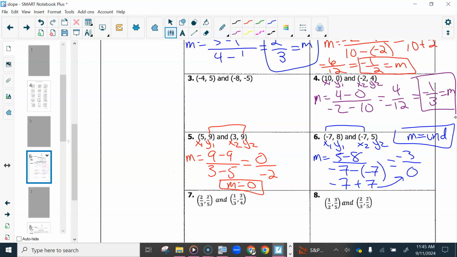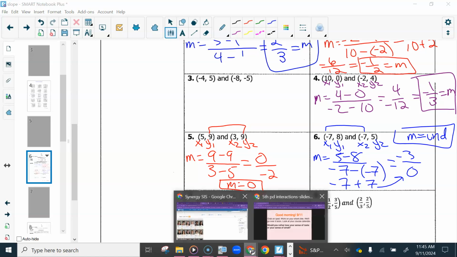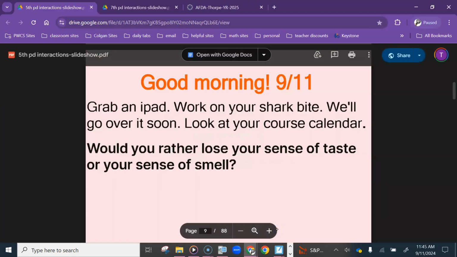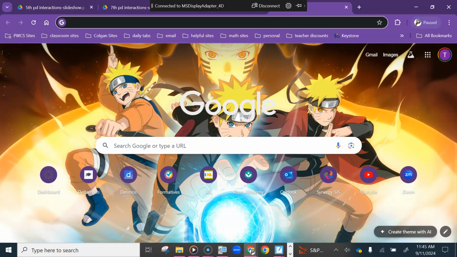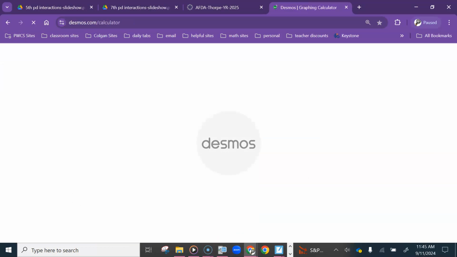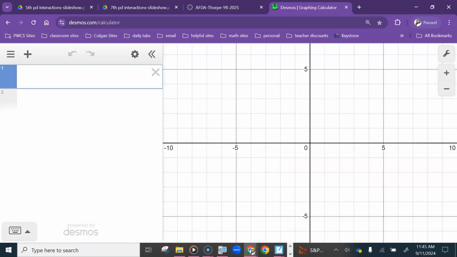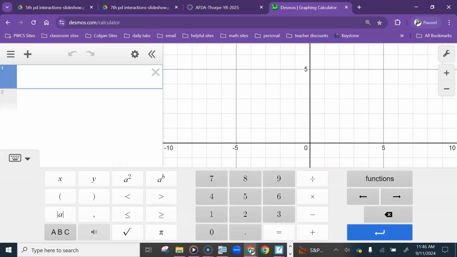So you can check your slope by using the graphs on Desmos, but you still need to know how to do this algebraically. So I'm going to really quickly show you how to check yourself in Desmos. It would be like what we just did, the counting part. And then we're going to, everyone needs their iPad so I can show you how to access Canvas. I'm going to put in 2 random points, it does not matter what they are.